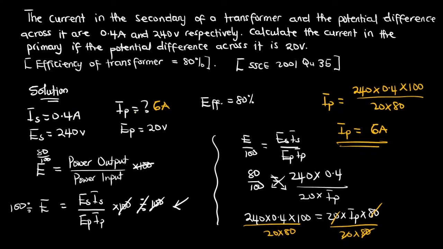That's the typical job of a step-up transformer, because the relationship between the voltage supplied and the current is inversely proportional. So EP is proportional to 1 over IP. This is the relationship between them.